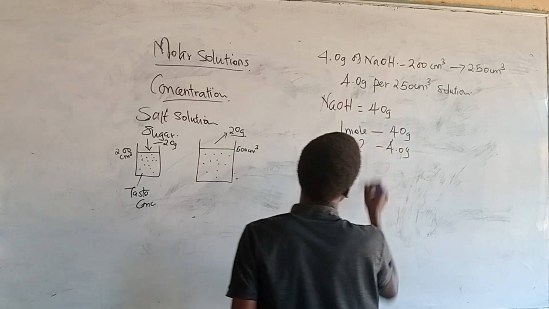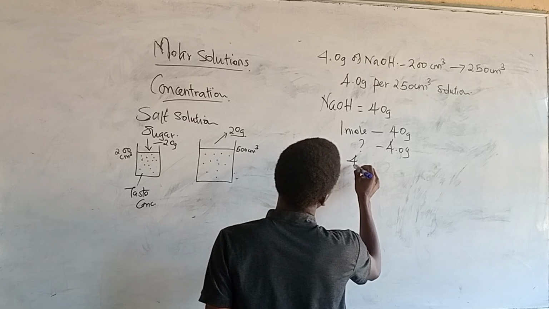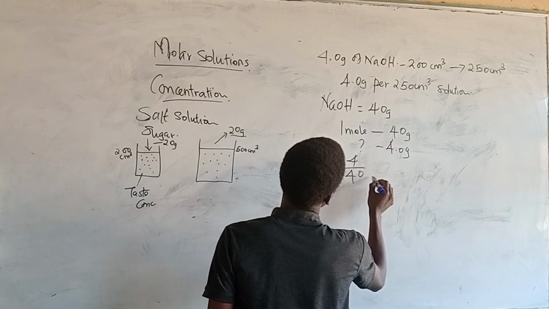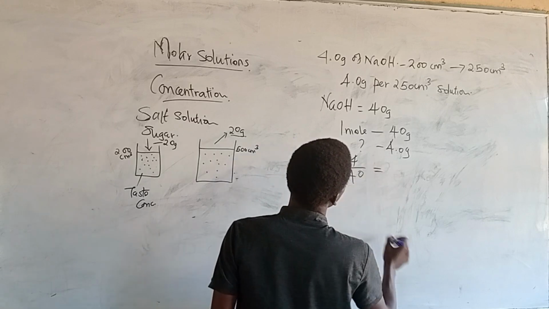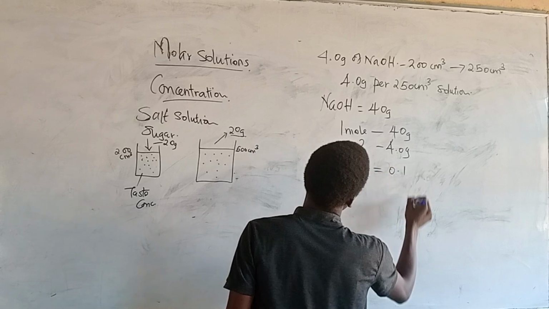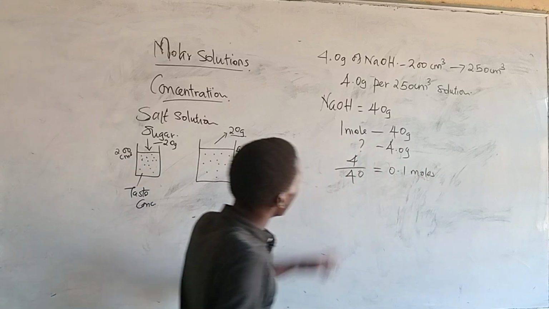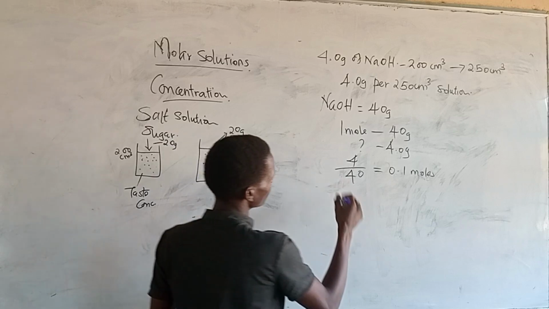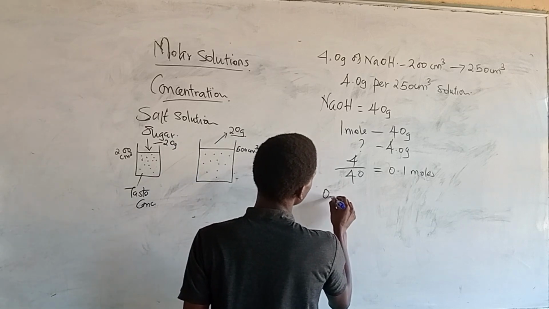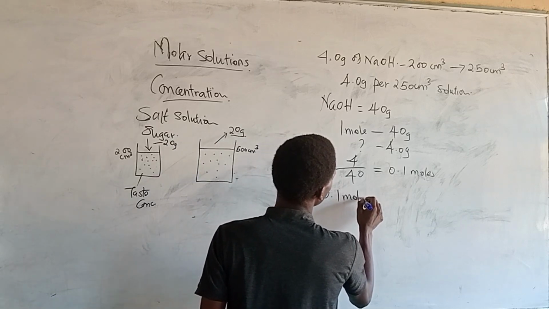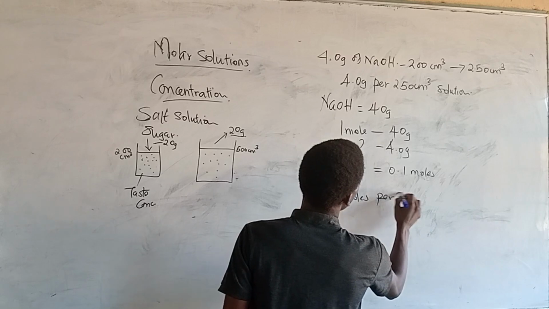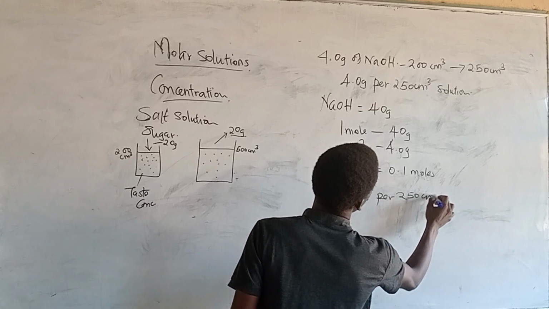It will be 4 divided by 40, which gives 0.1 moles. So if I want to give the concentration in terms of moles, I will say the concentration is 0.1 moles per 250 centimeter cubed.